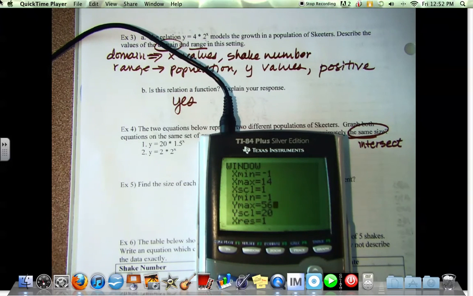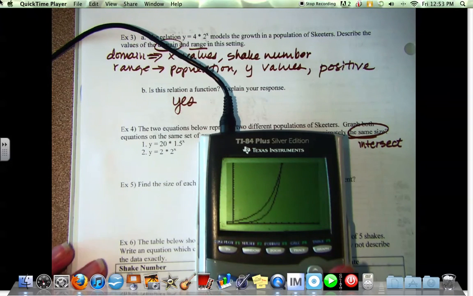That would be 560. See if we can see it with that window. Hit graph again. I got it. All right, they're intersecting.